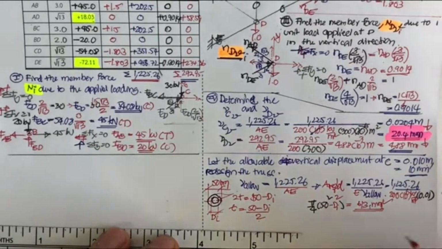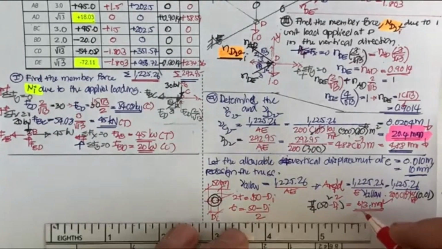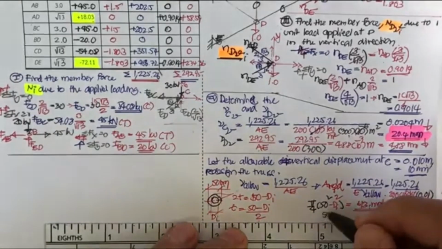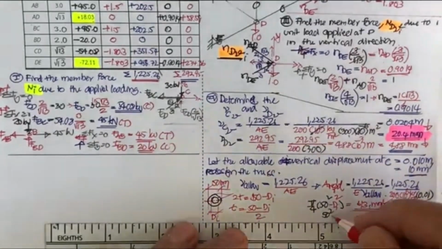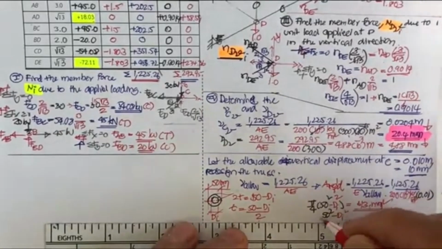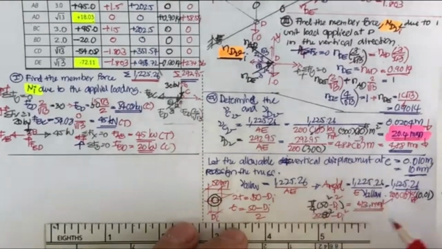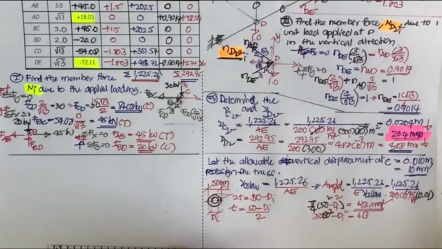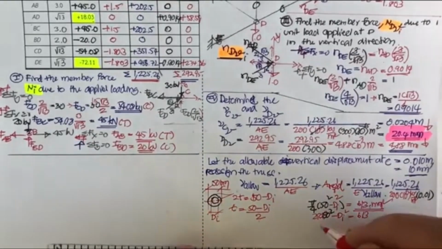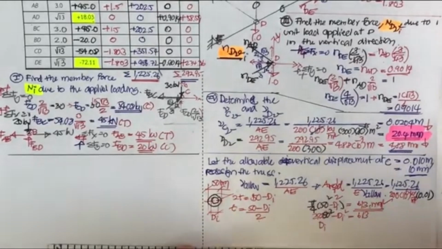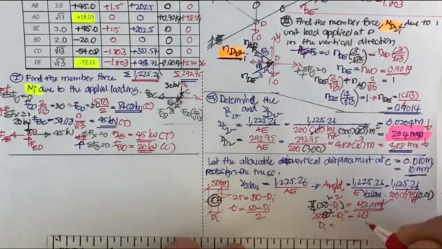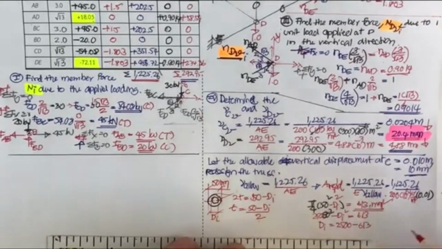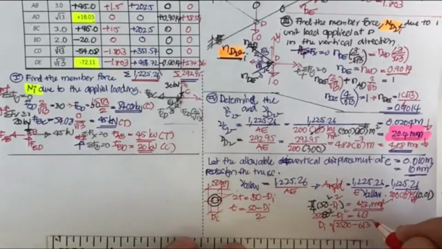What we have is 50 squared minus d sub i squared. This is 2500, and it's going to equal 613. You rearrange this, and d sub i equals the square root of 2500 minus 613.